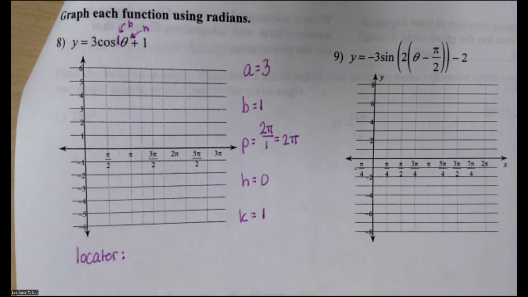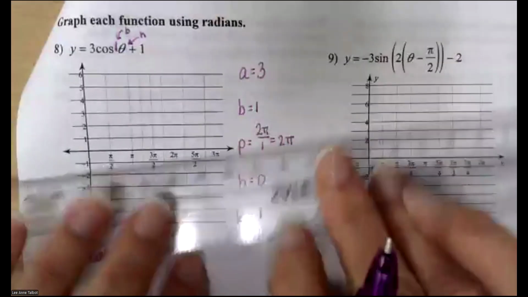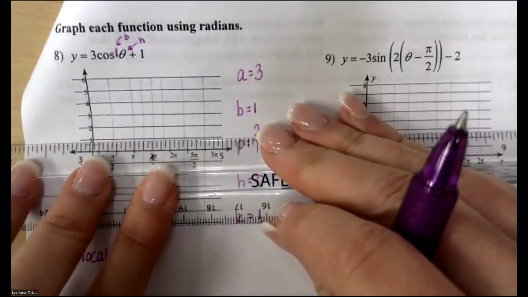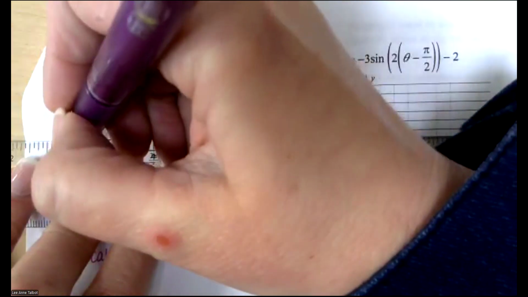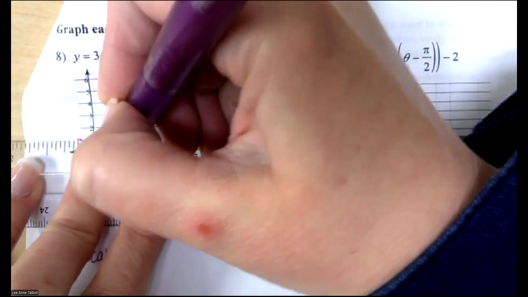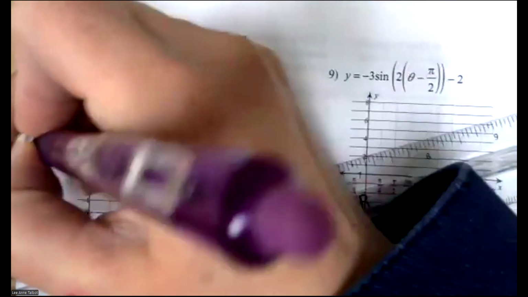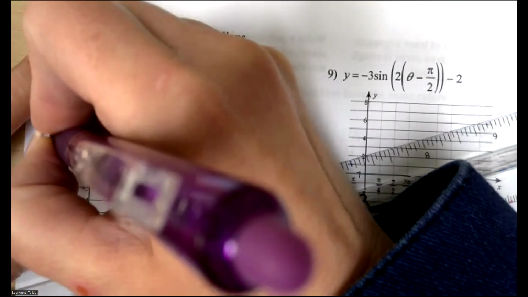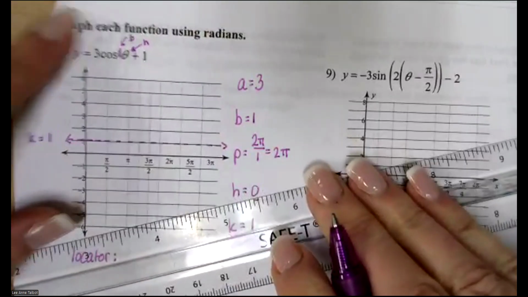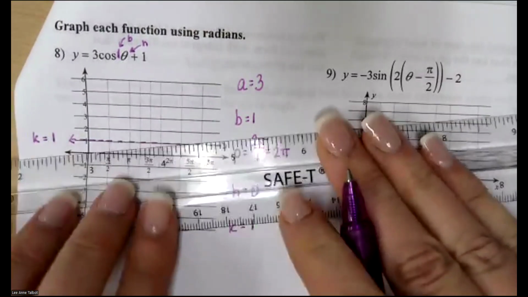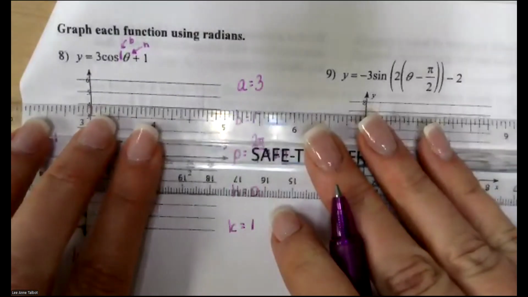Okay, I like to start with graphing K, which is my midline. There's my K equals 1, and then I graph my amplitude off of that.